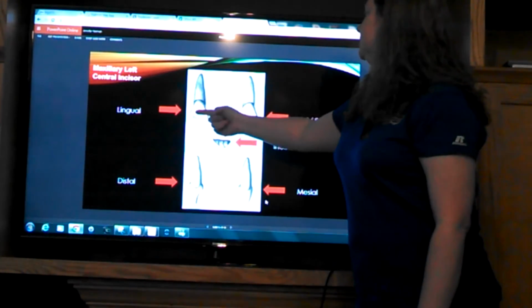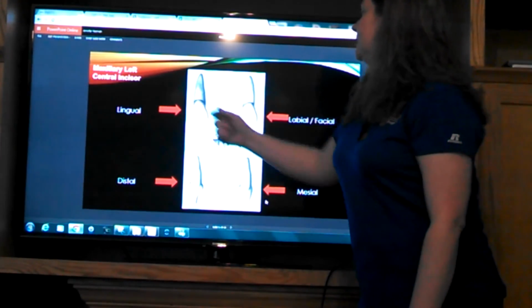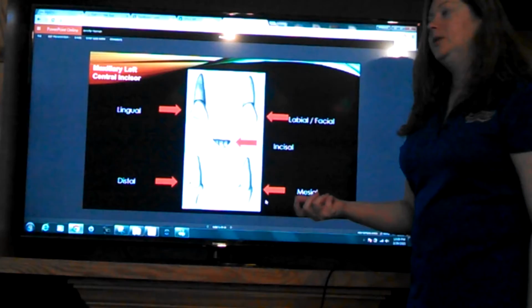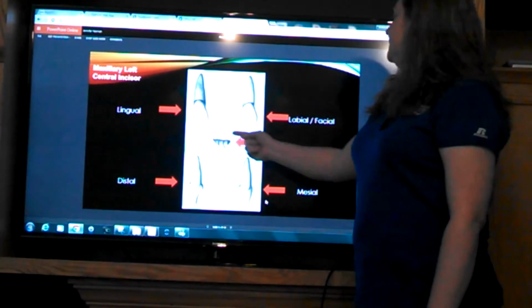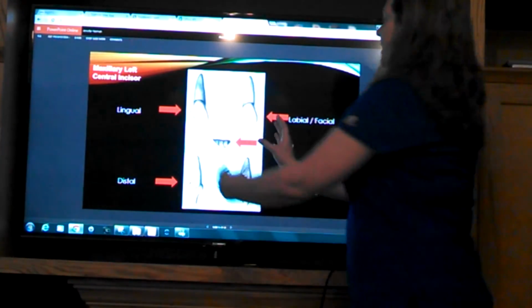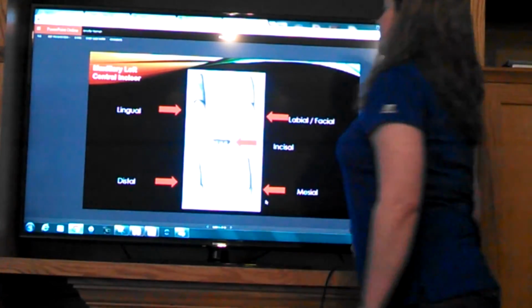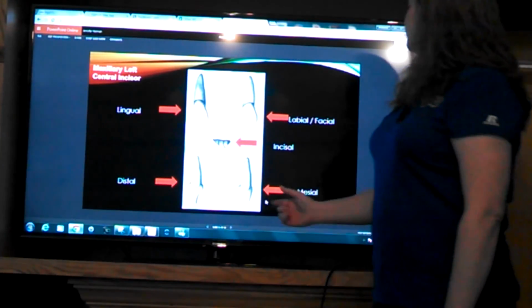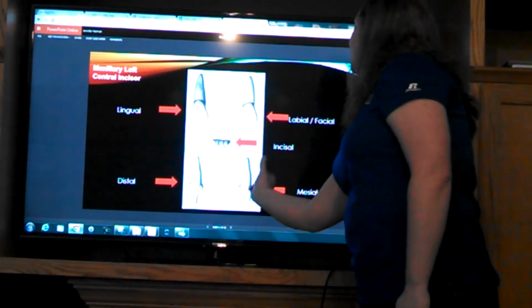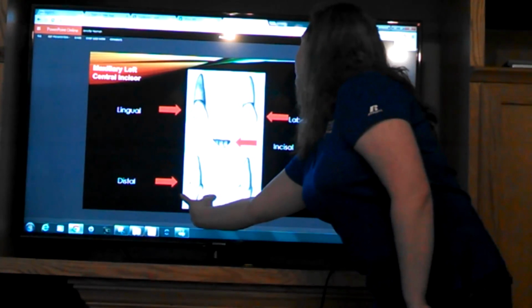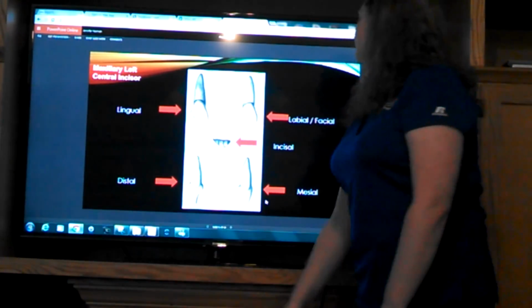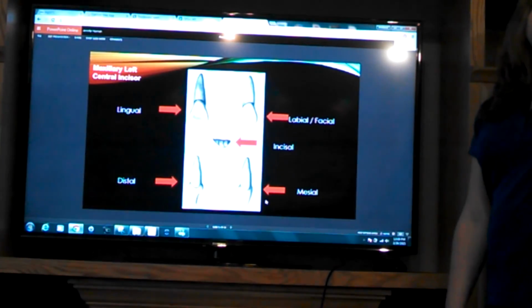Here's our lingual portion, and we can tell it's lingual because we have that lingual fossa that will identify all the linguals of anterior teeth. We have the incisal edge here, and again, we can see that the tooth is smooshed towards the mesial. And here we have our mesial, which we can rotate and see facially. Here's our distal side of the tooth, and we can turn it and see it facially.